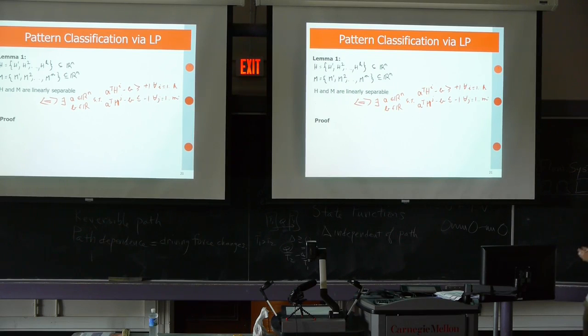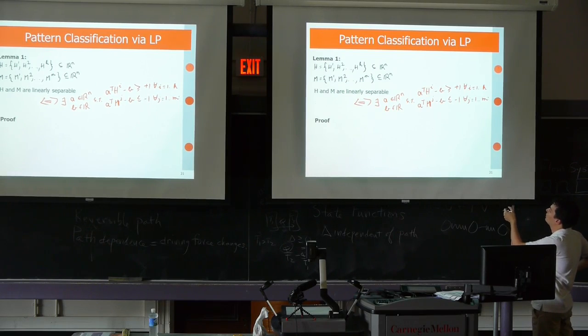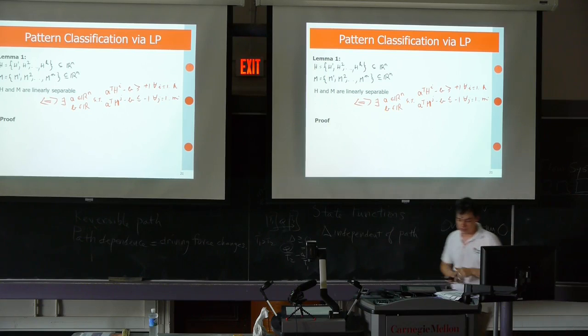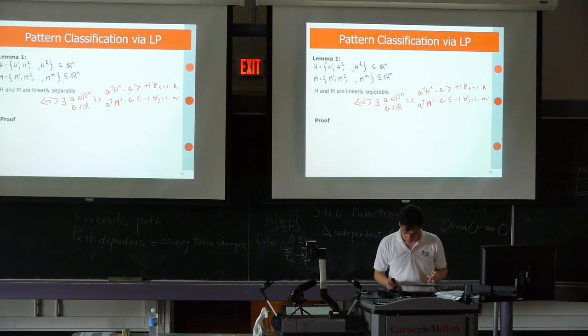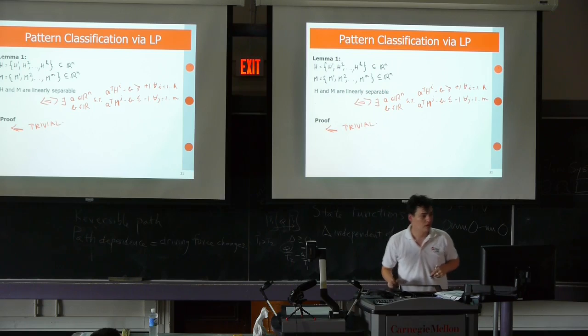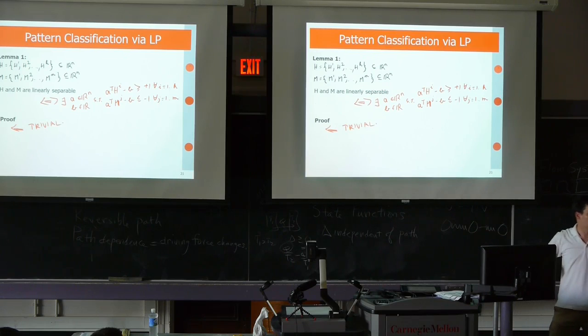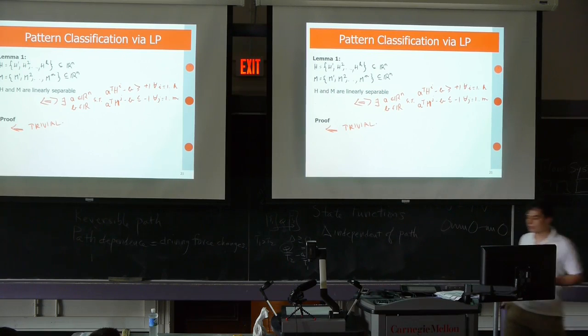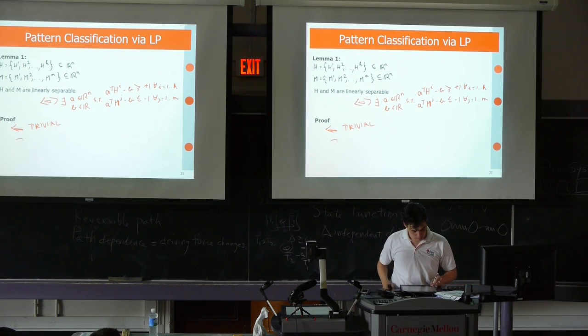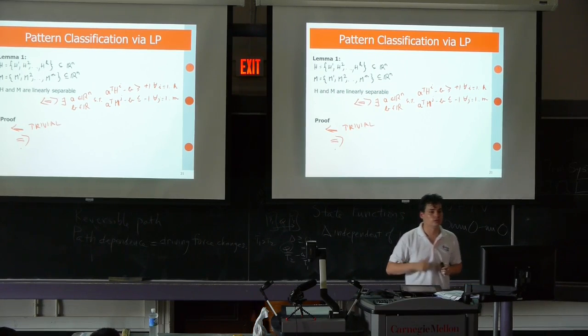One side is trivial: if there exists H and B with this property, then of course that's linearly separable, but we need to prove this other direction too.